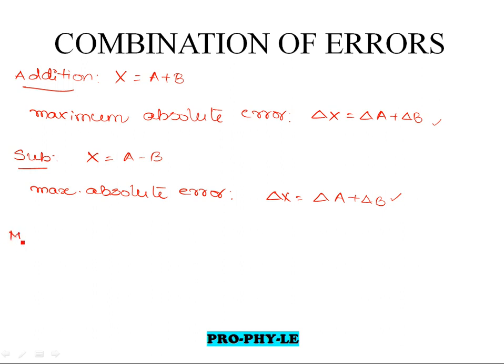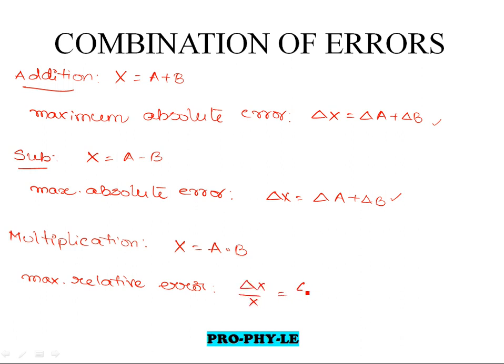Similarly, for multiplication, that means if x is a physical quantity that is obtained due to product of two physical quantities A and B, then in such situations you will find maximum relative error, that will be delta x by x is equal to delta A by A plus delta B by B. If you are asked for percentage error, then you just multiply this with 100%.